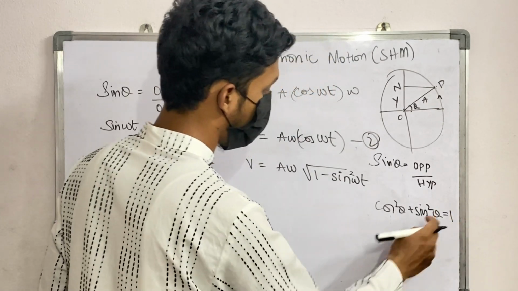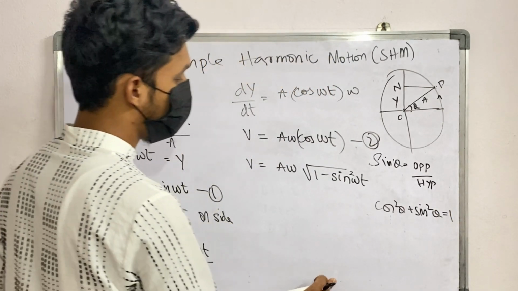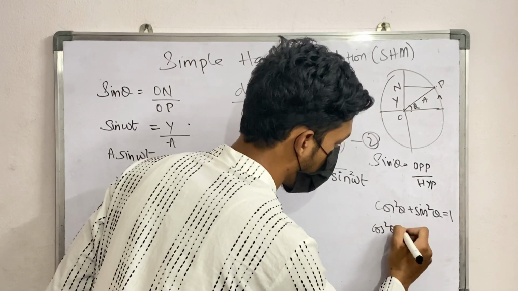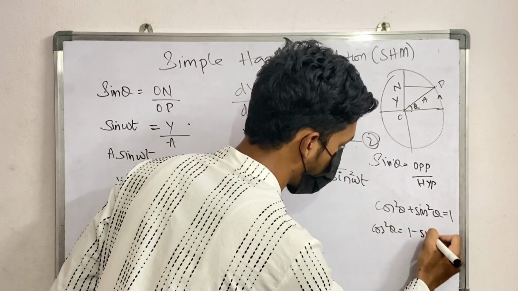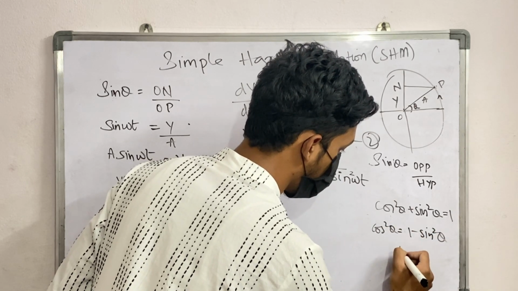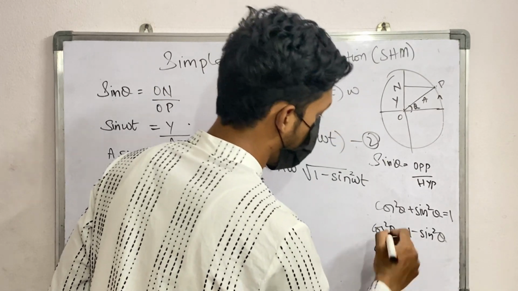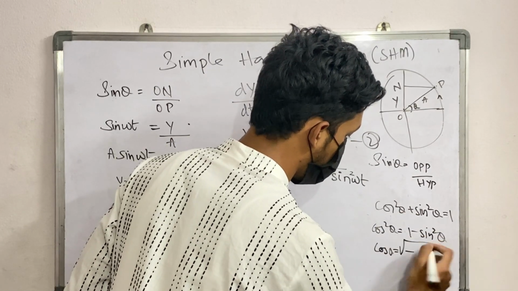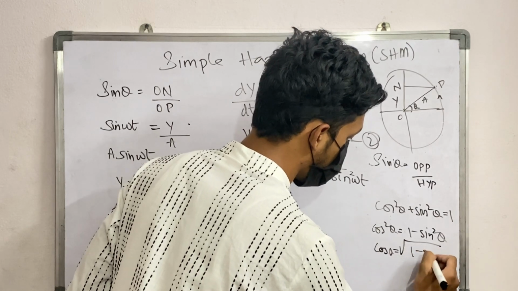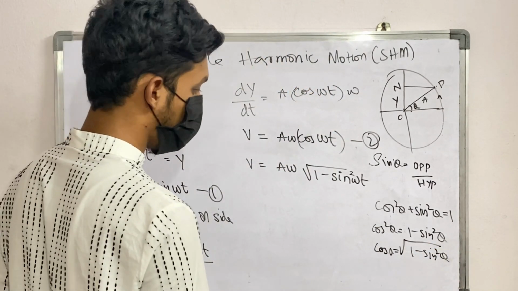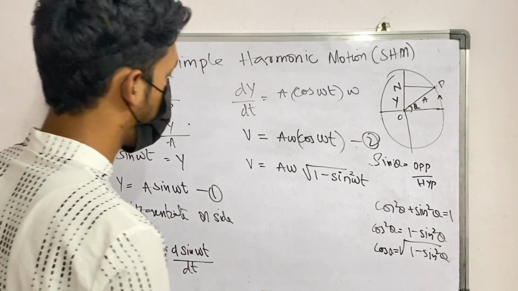So cos square is equal to 1 minus sine square theta. Now cos square is sent to that side, so it becomes 1 minus sine square theta. That's the reason it came here as 1 minus sine square theta.